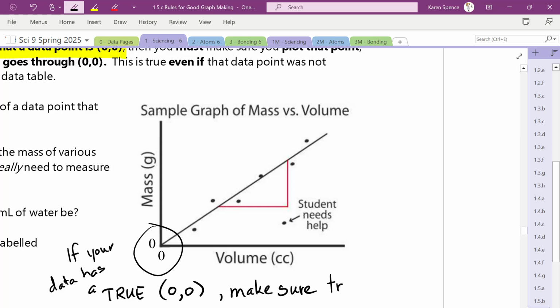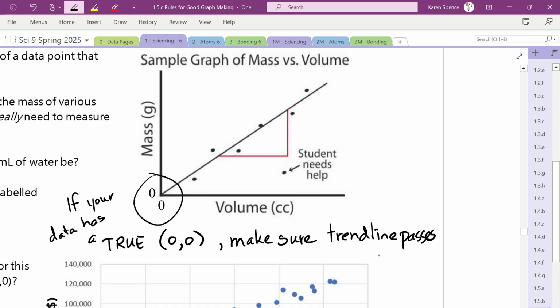I'm going to call it trend line here. So you want to make sure that that goes right there. So what that would look like, I'm just going to move this down for a second so we can see it on the board.